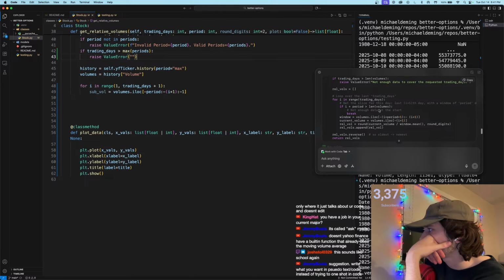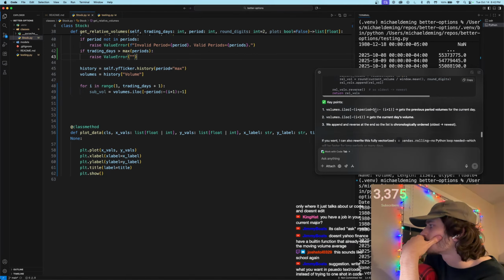0, 1, 2, so 0 trading day, so let's look at the current trading day, the past one, so the window equals to the negative, because the previous period for the current day.